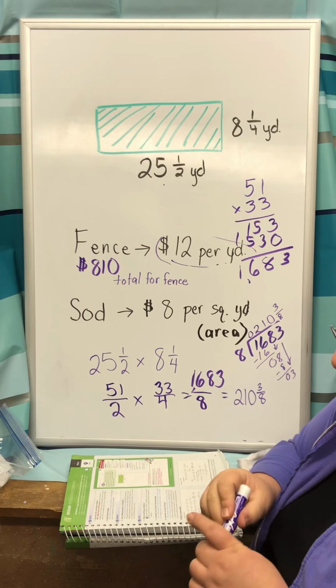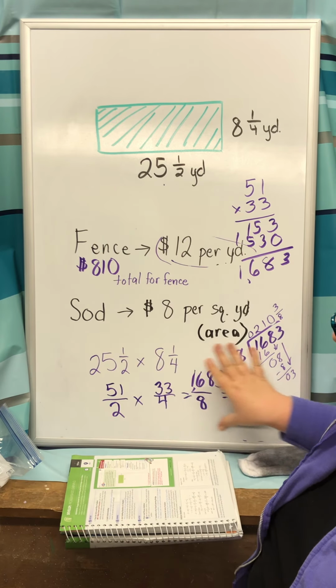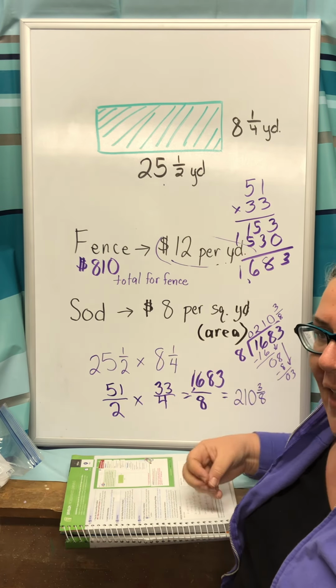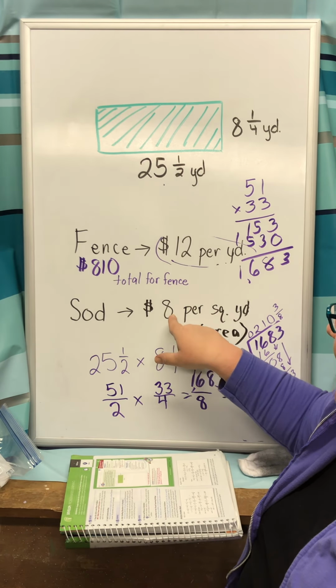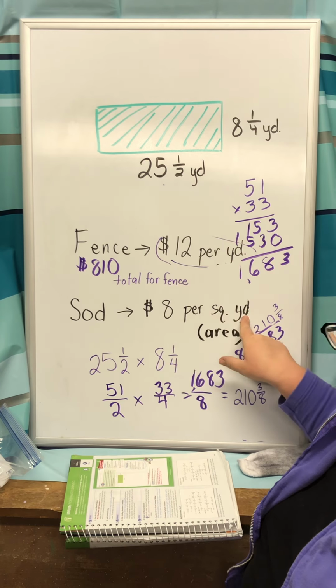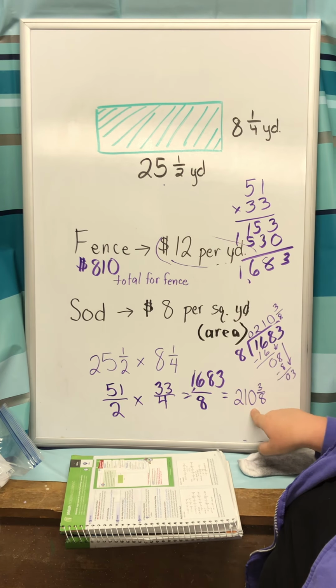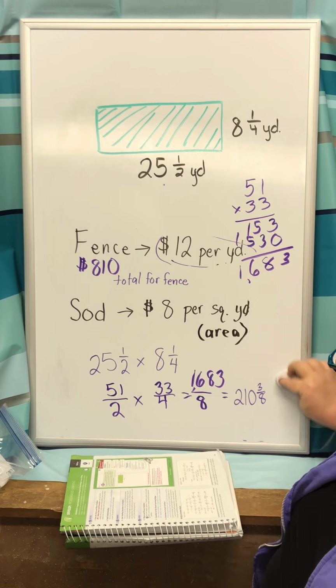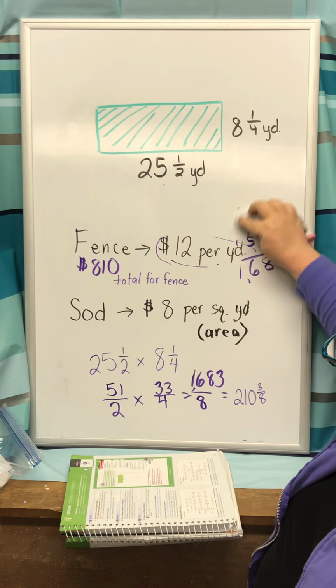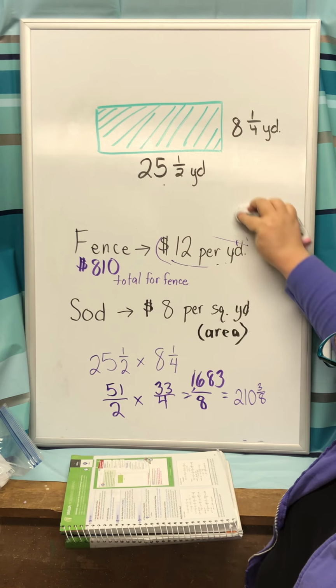Okay, so up until that point, I've just found the area, but remember they still want a dollar amount attached to it. So they're telling me that it's $8 per square yard, and I have 210 and 3/8 yards. So we have a couple more things that we have to do. Let's get rid of all of this extra stuff here.